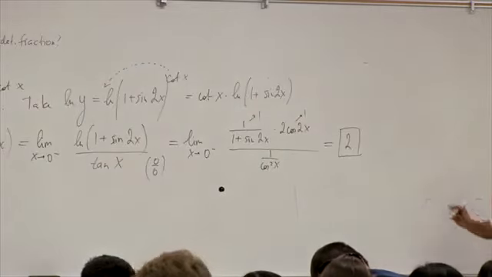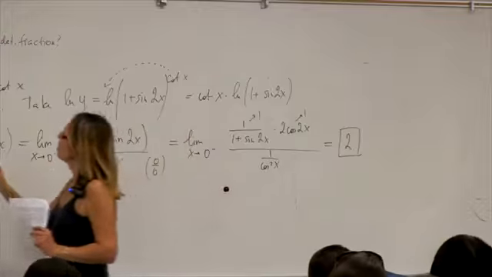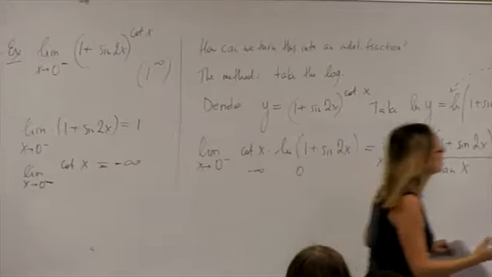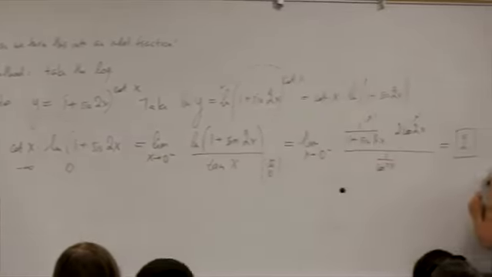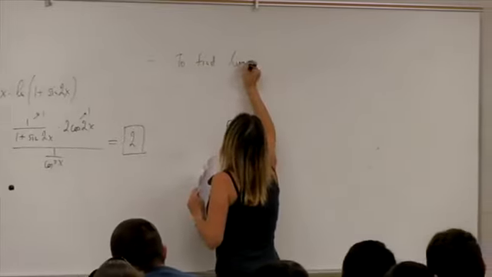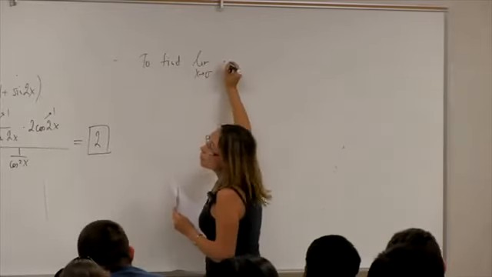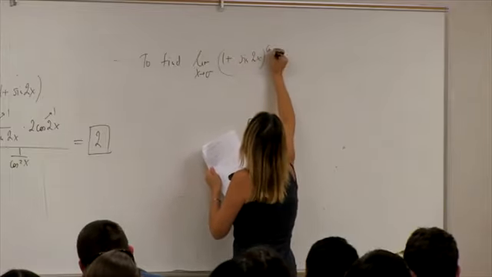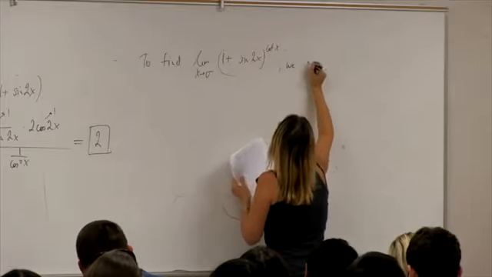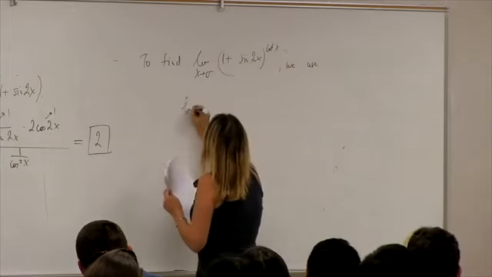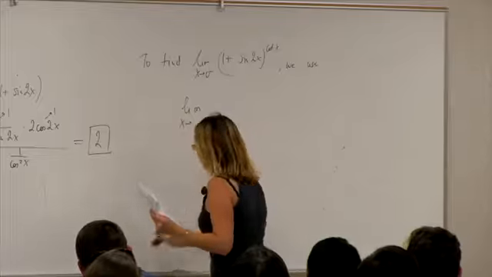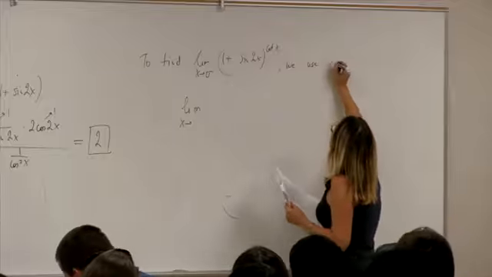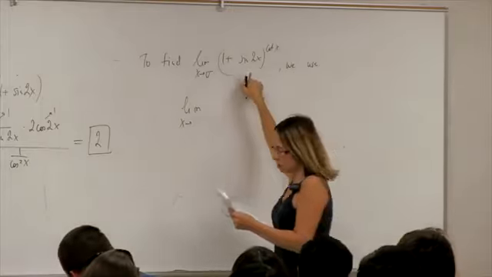But I'm not quite done yet, because this is not the original limit. This is the limit of the log of this expression. So to find the original one, to find the limit of 1 plus sine 2x to the power of cot x, we use the fact that we know the log of this, right?